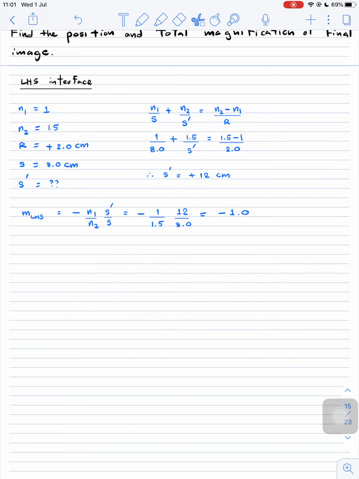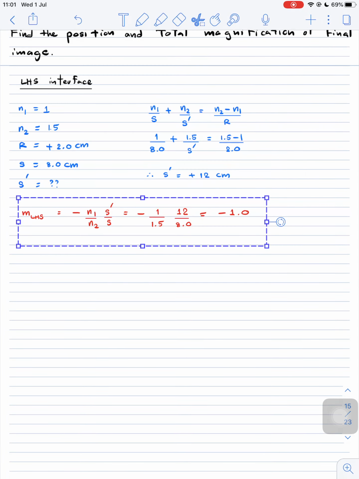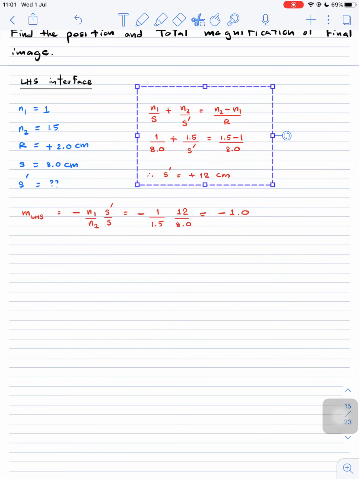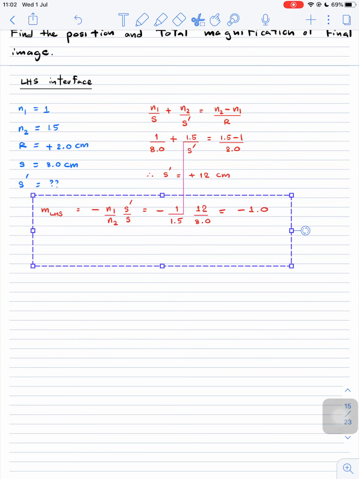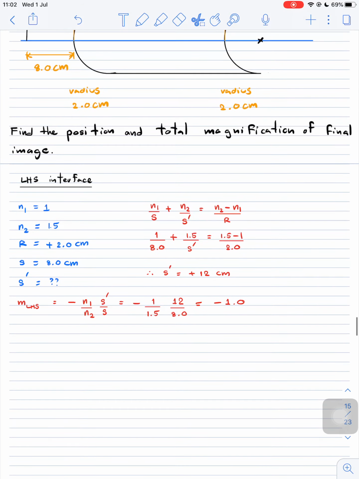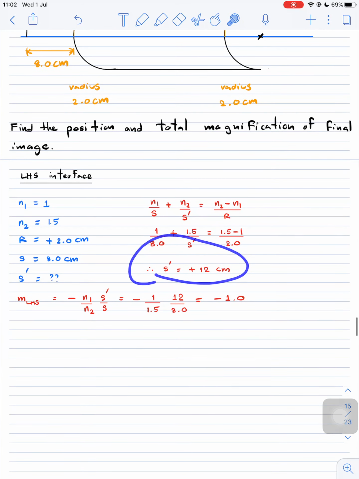Okay. So now let's interpret these numbers. First of all, let's consider s prime here. s prime equals 12 centimeters, okay?